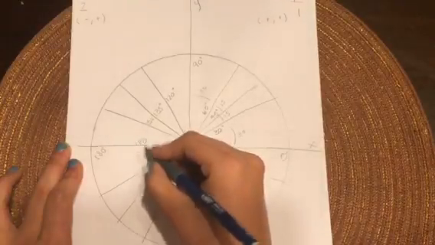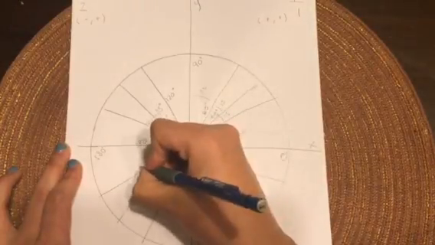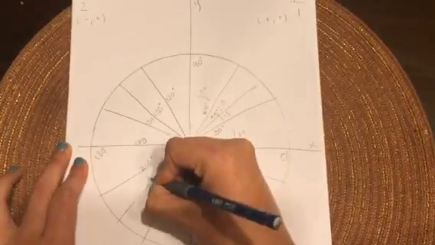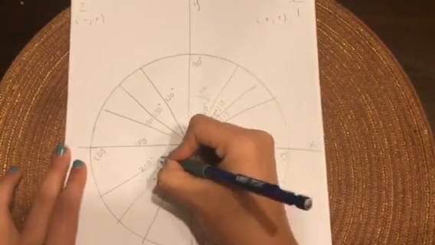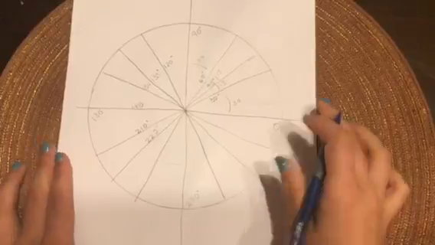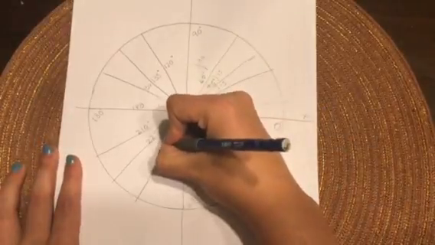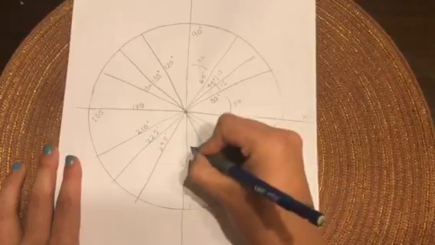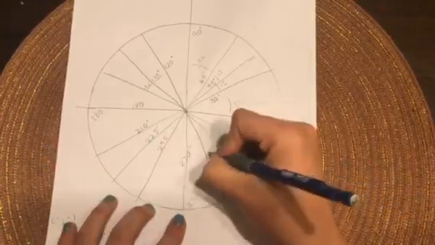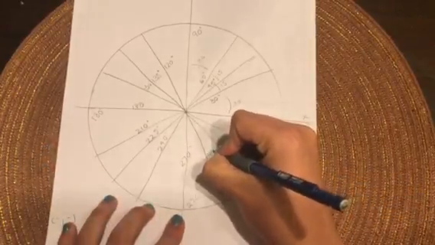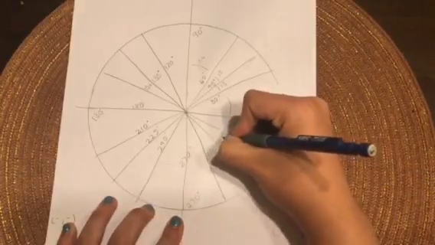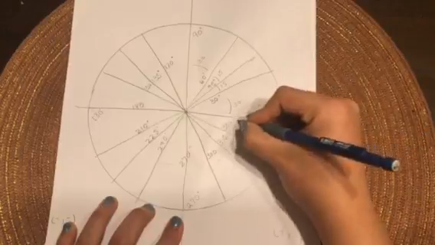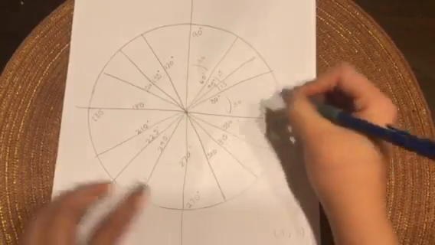Then from the 180 plus the 30, it's going to be 210 degrees, then to 225, then to 240, and right here it's 270. From the 270, this is 300, 315, and then 330 plus the 30 right here, it's going to be 360.